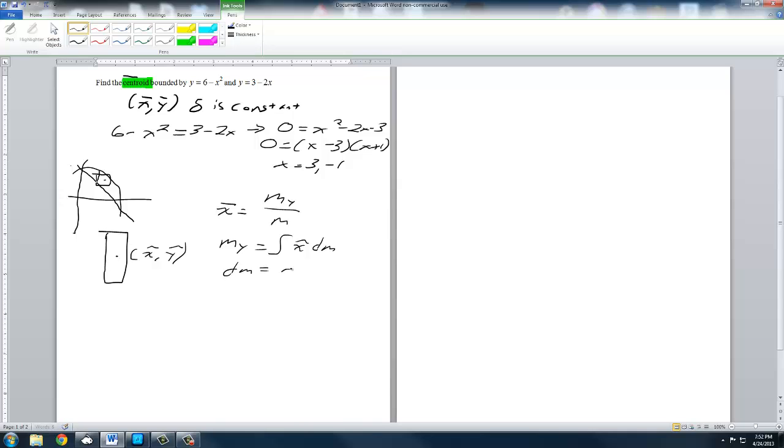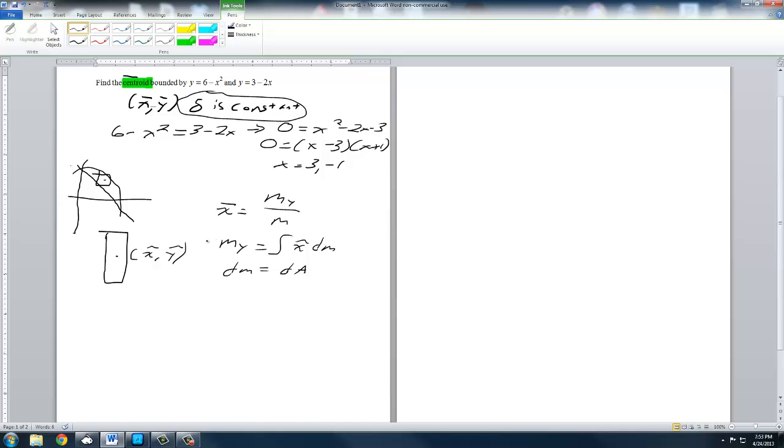Normally dm is delta dA, but because delta is constant here, and we know that when finding centers of mass, x bar and y bar, the deltas will cancel, I'm not even putting it in here. I'm just going to say that the incremental change in mass is equal to the incremental change in area because the density is constant.